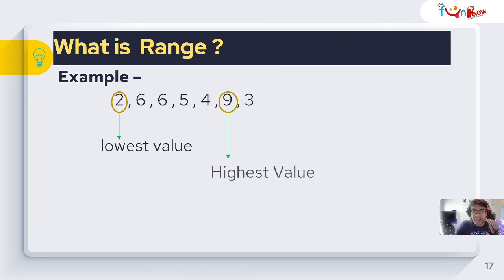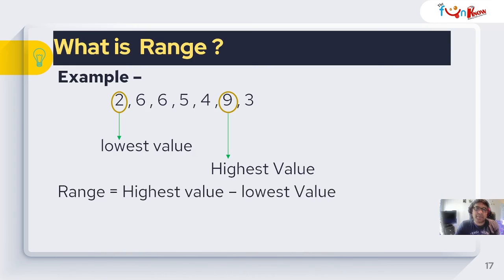As you can see, 9 is the highest number. So what would be the range? Range is nothing but highest minus lowest. So in this case, 9 minus 1, and the answer would be 8. Okay, so the range is pretty simple. Take the highest value, take the lowest value, subtract them, and you will get the range.